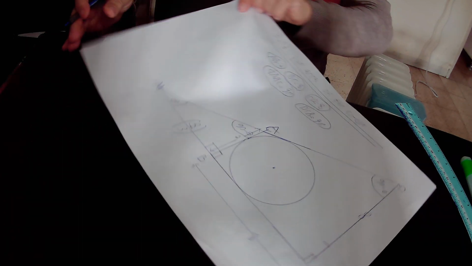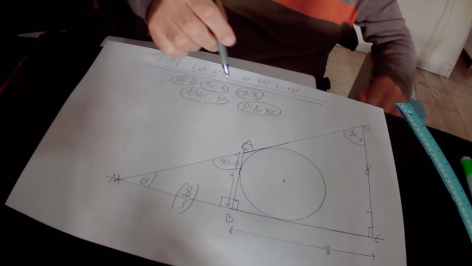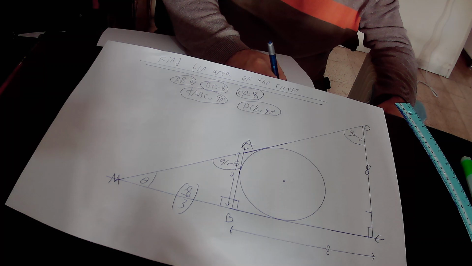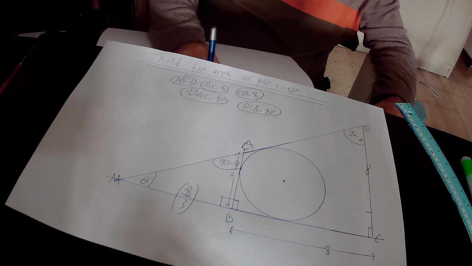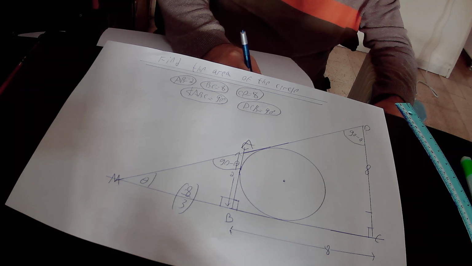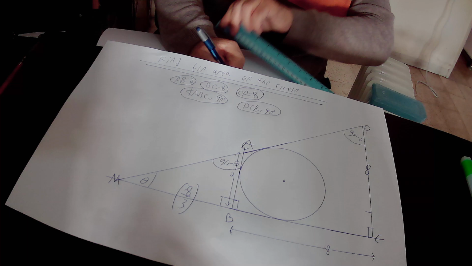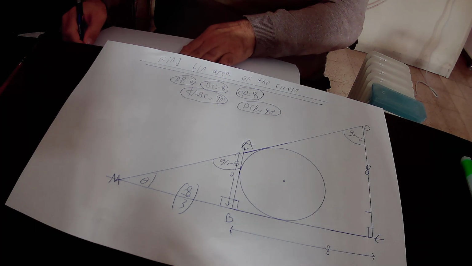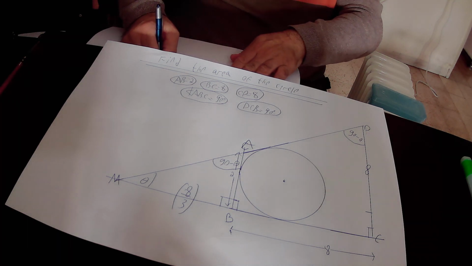In the next step, we will implement the Pythagoras theorem on the right triangle ABM. According to the Pythagoras theorem, in any right triangle, the square of the hypotenuse equals the sum of the squares of the perpendicular sides.